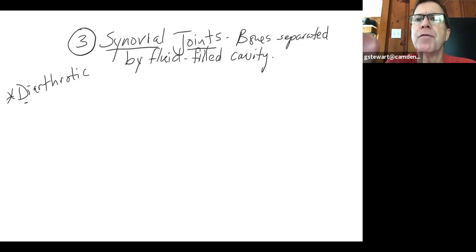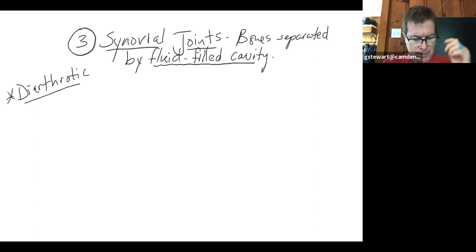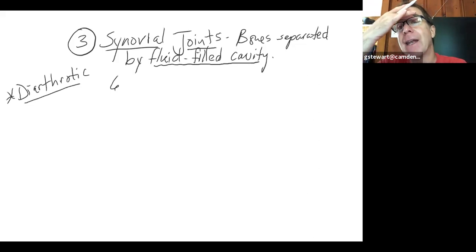And in order to be fully movable, we need this fluid-filled cavity. Some are more movable than others. I'm probably not going to have time to go through every single joint in the human body today, but you can read about those in your textbook. I'm more concerned about right now, during this lecture, helping you understand how a synovial joint is constructed.